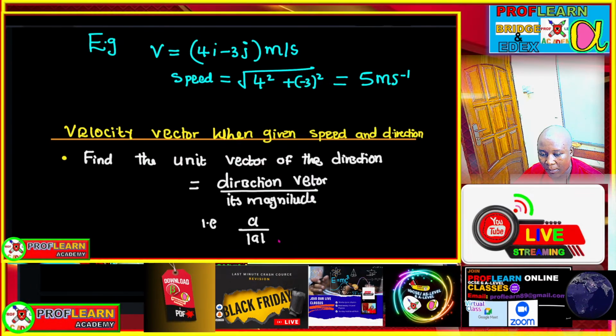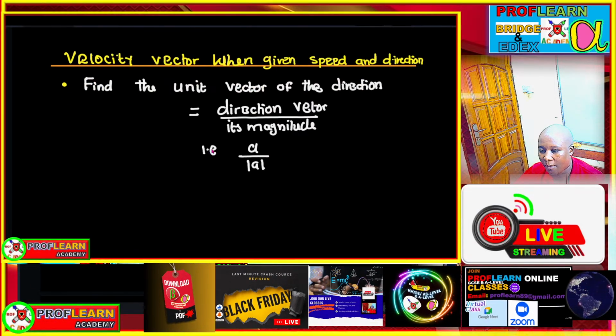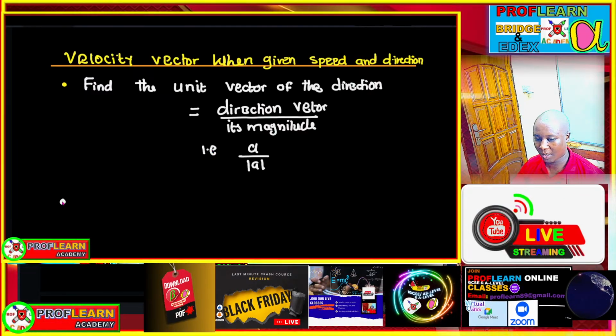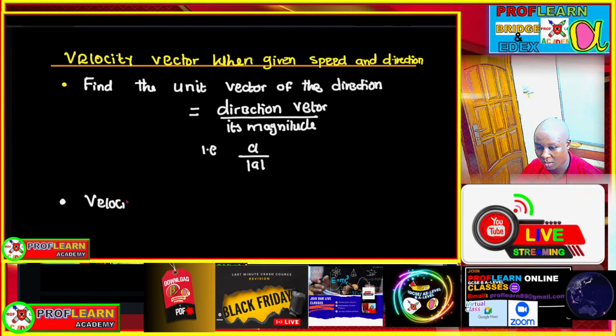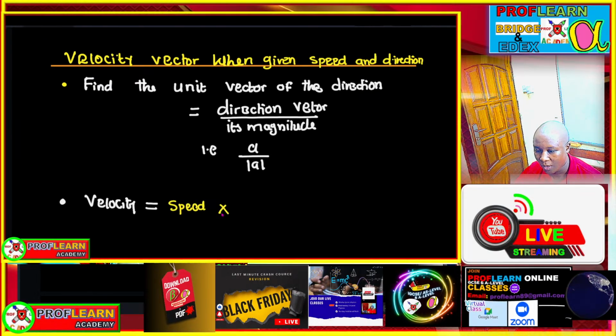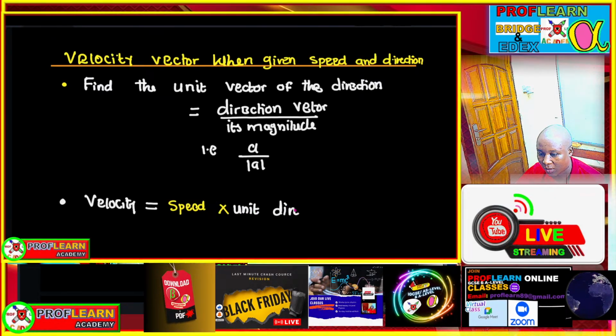Let's see now an example that can make us understand what we are trying to say here. Velocity vector is basically speed times the unit direction vector.